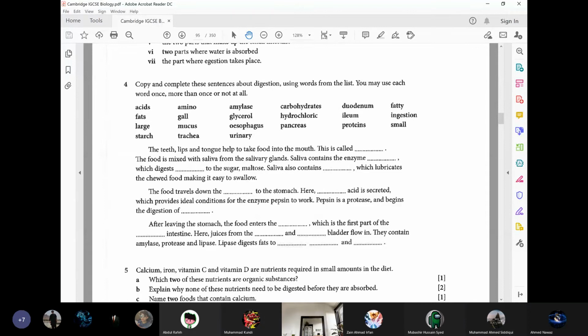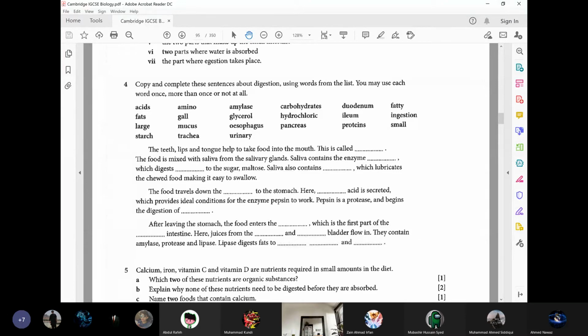Find the word, boys. Sir, ingestion. Very good. Please remember that ingestion means taking in of the food.